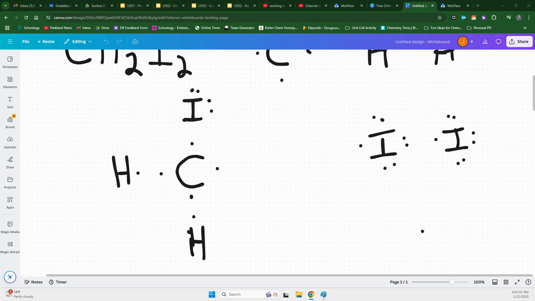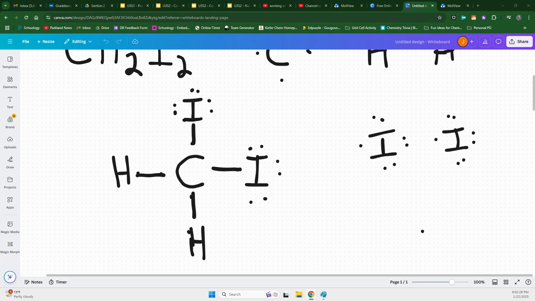And I'm going to rearrange its Lewis structure so that the single electron faces the single electron of the carbon. And I'll take my final iodine and again place that single electron facing the single electron of the carbon. Finally, we just have to connect our single electrons with our lines, our bonds, and that is the structure of CH2I2.